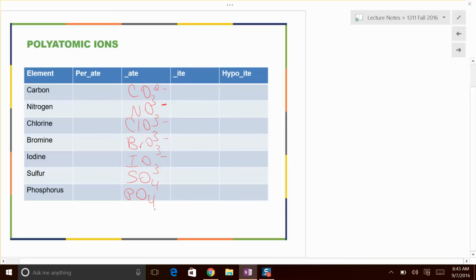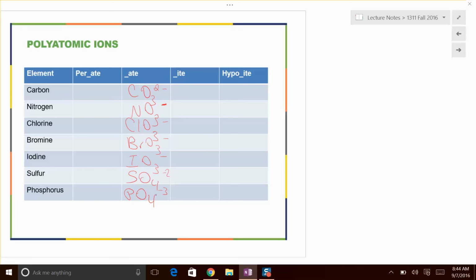As we go in, the charge increases: -1, -2, -3. So, carbonate, nitrate, chlorate, bromate, iodate, sulfate, phosphate.